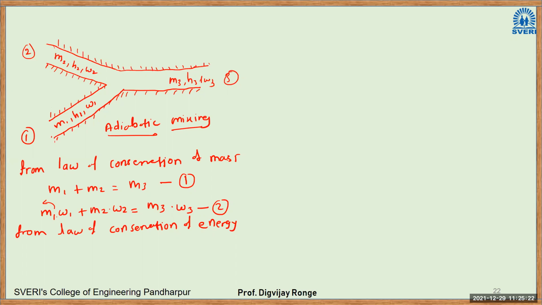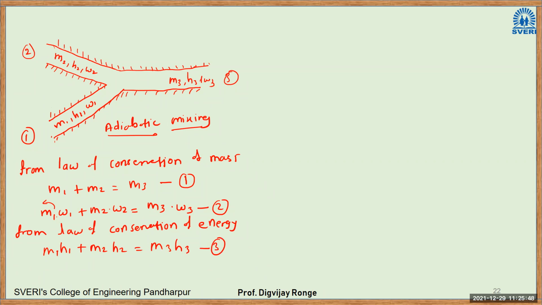The third law corresponds to the absolute zero value of entropy. The zeroth law corresponds to thermal equilibrium. So from law of conservation of energy, the total energy content will be conserved. That is M1 into H1 plus M2 into H2 will be equal to M3 into H3, equation number 3.